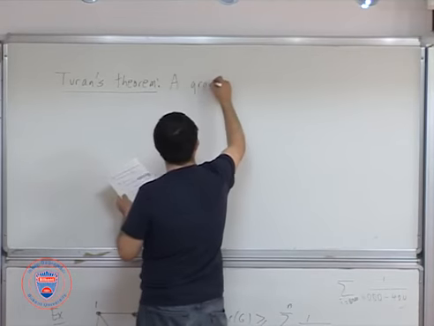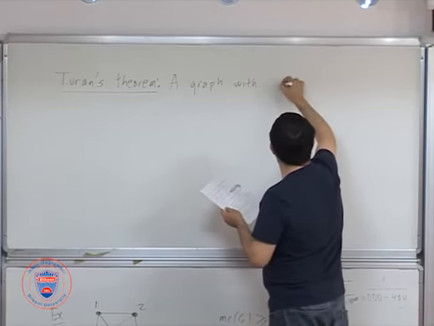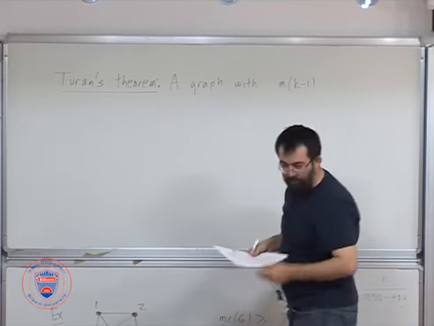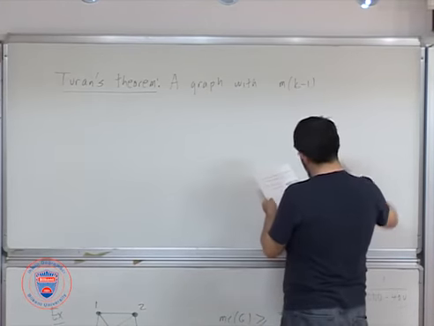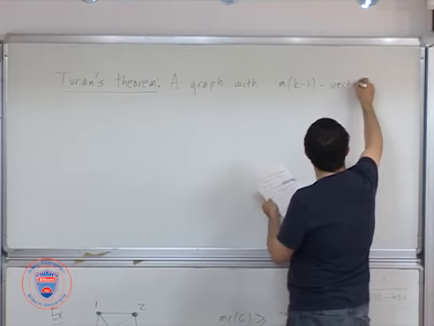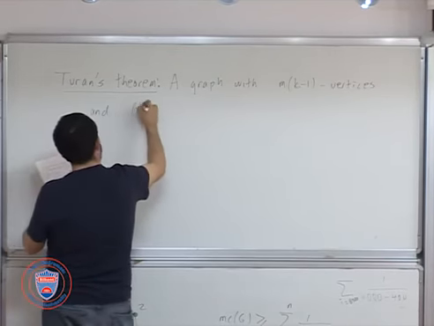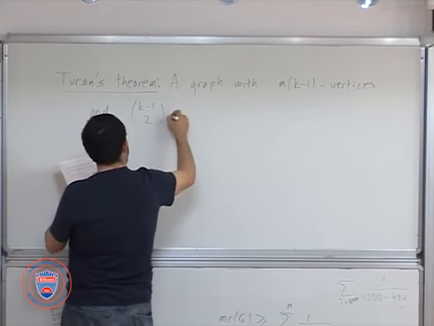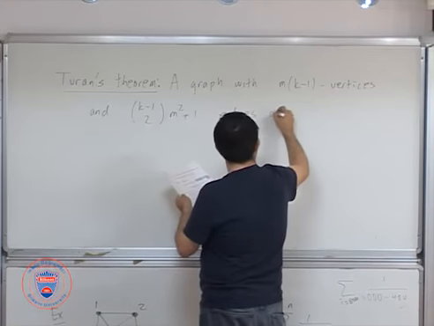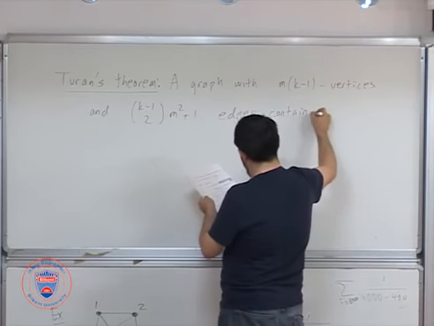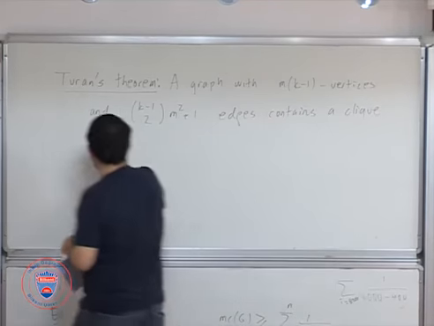So a graph with m times k minus 1 vertices and k minus 1 choose 2 m squared plus 1 edges contains a clique of size k.